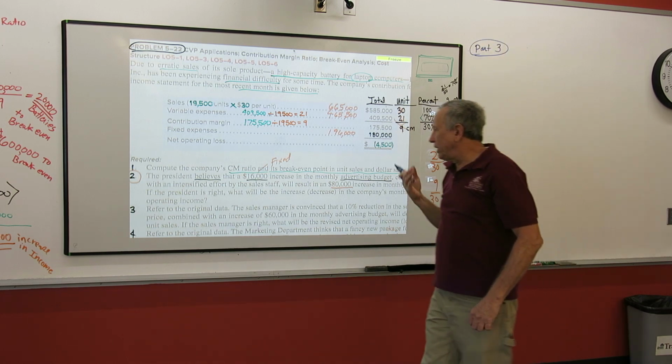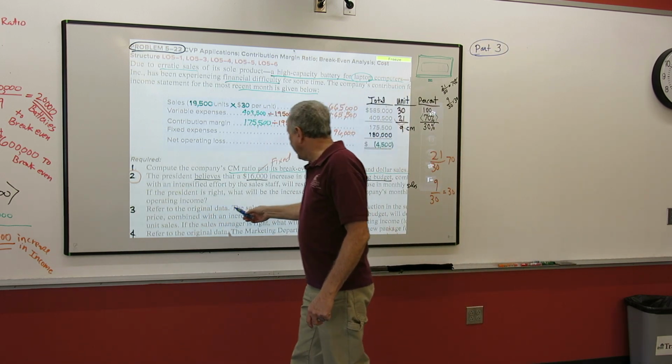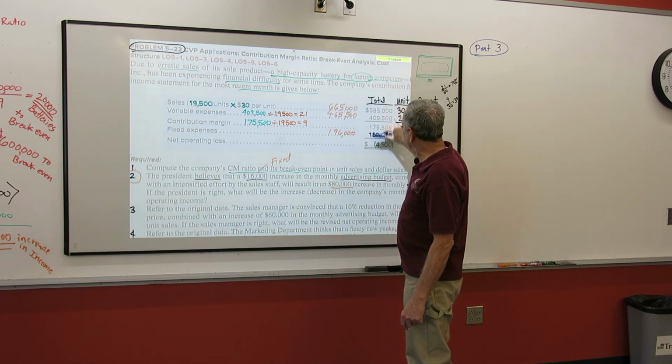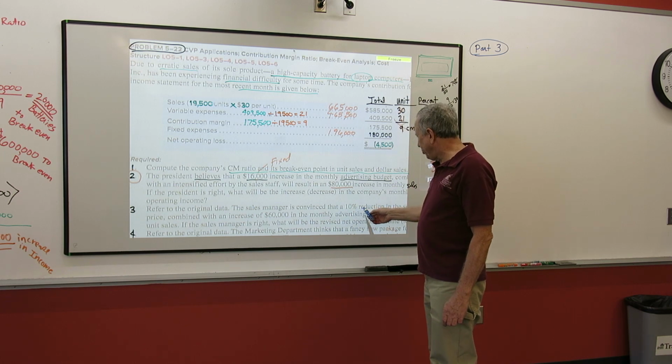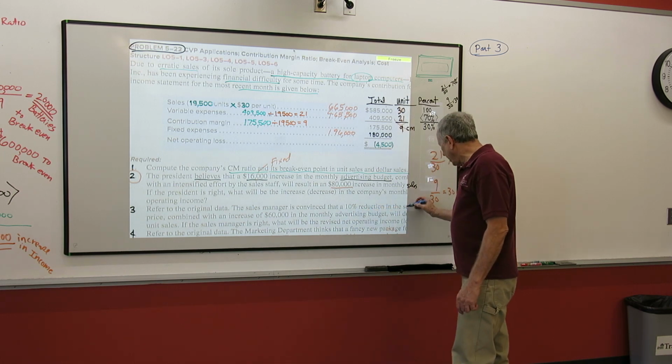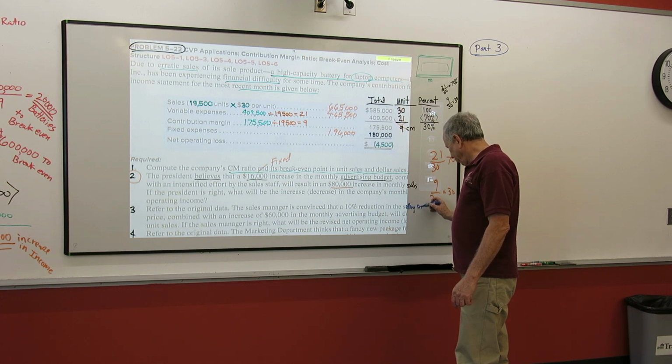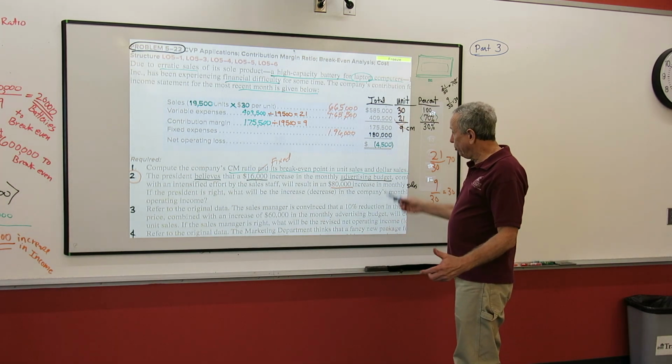In part 3, it says refer to the original data. That means this was the original data. The sales manager is convinced that a 10% reduction in the selling price, you can't quite see that, but the selling price. You can always open your book when we do these. If you want to, open your book and read along.